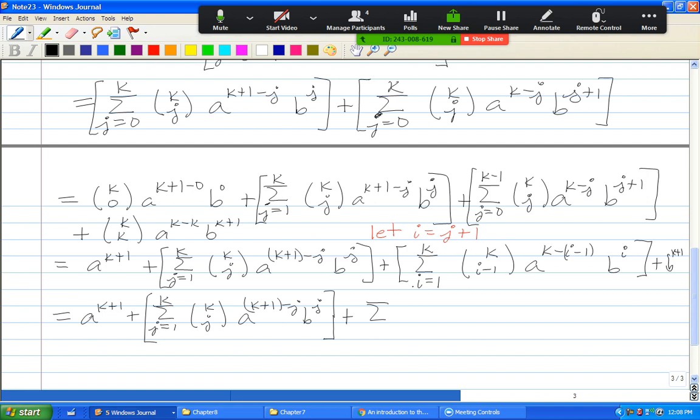Rather than calling it i, I'll just call this dummy index j. It doesn't really matter what I call it. And so this is k choose j minus 1. A, well, I have a to the k minus i minus 1, so that's the same as k minus i plus 1.